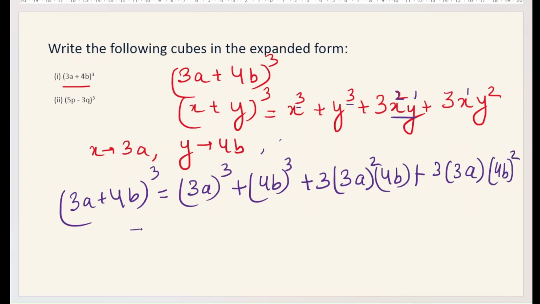That's it. So now you have to solve it. How to solve it? Now 3 cube, 3 multiplied by 3 multiplied by 3, that is 27a cube plus 4 cube.